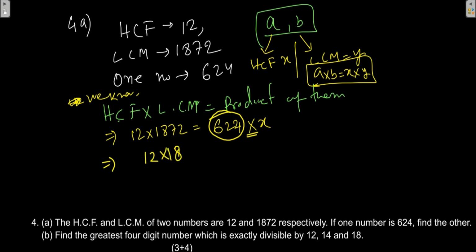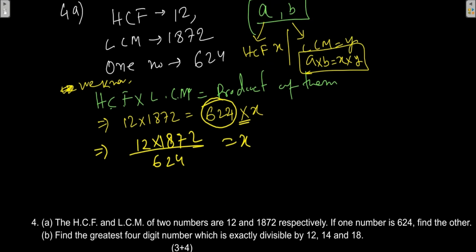So 12 into 1872 divided by 624 is the value of X. I don't want to increase the length of this video, so you can check the calculation, you can just cancel out, and you will see that X would be equal to 36.